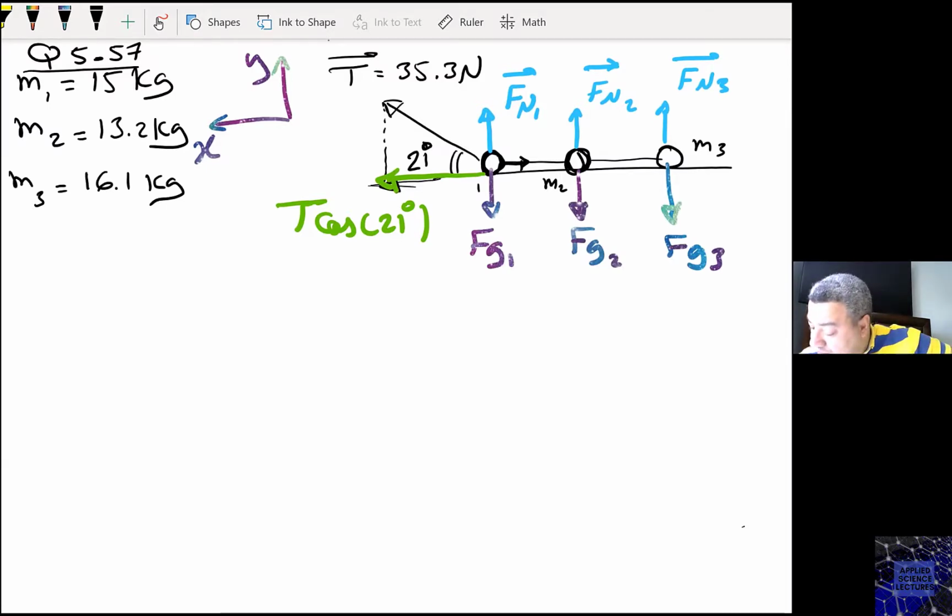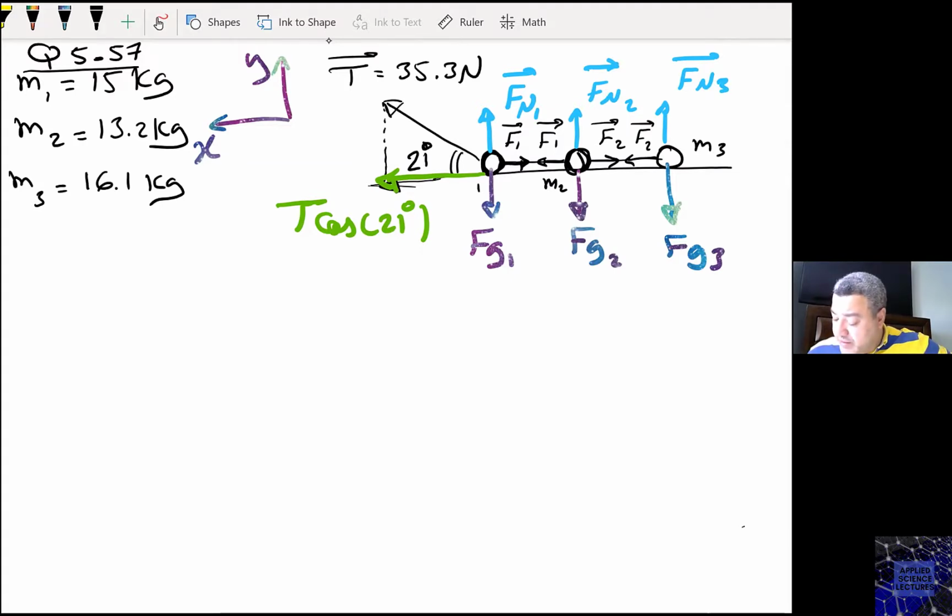I will call it F1, F1, F2, F2, that are equal and opposite based on Newton's law.